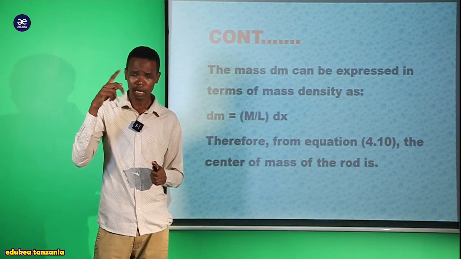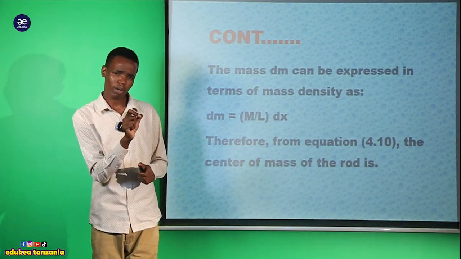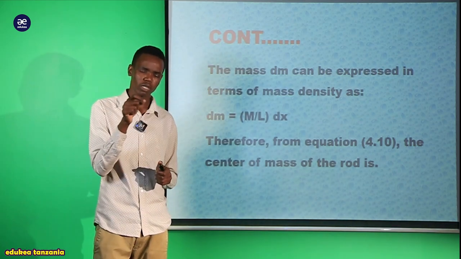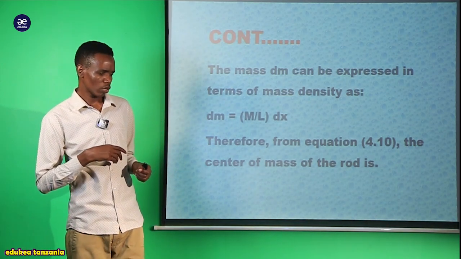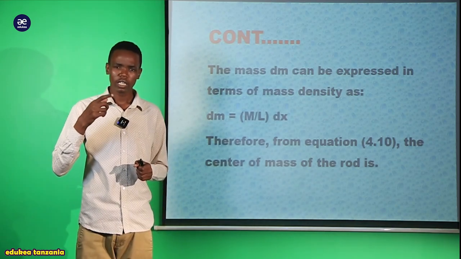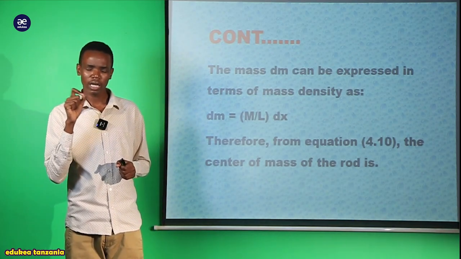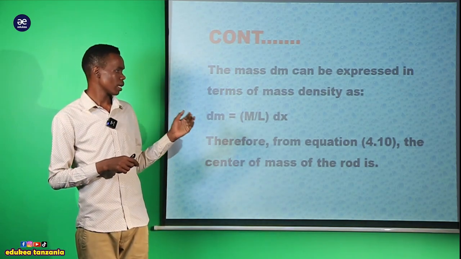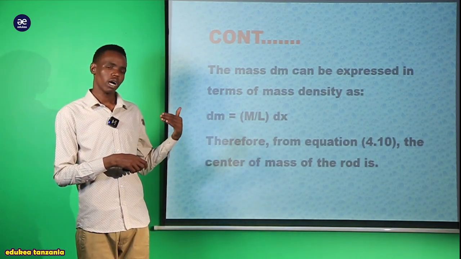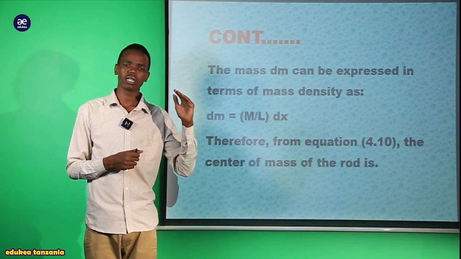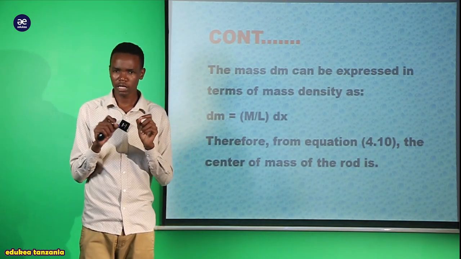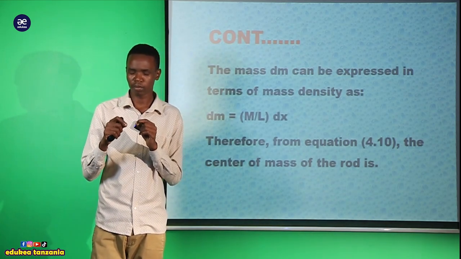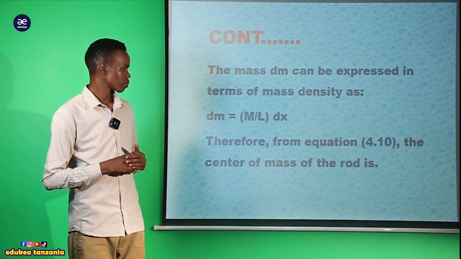It means when the uniform load rotates, it was being formed at that exact dm, as we saw when we demonstrated using the figure. So when it rotates, that small mass dm will be expressed in terms of the mass density. We saw that it should be given by taking the mass divided by the length of the uniform load multiplied by the small distance that has been increased there.